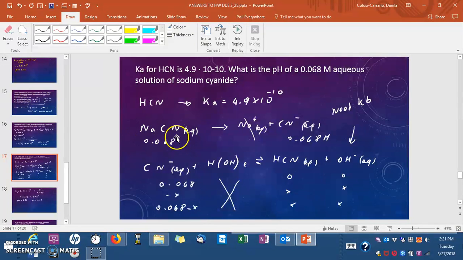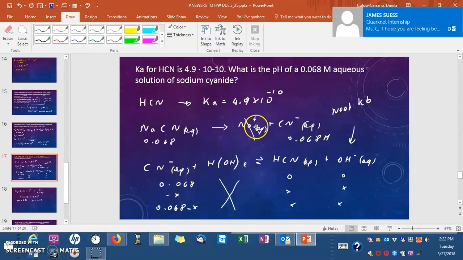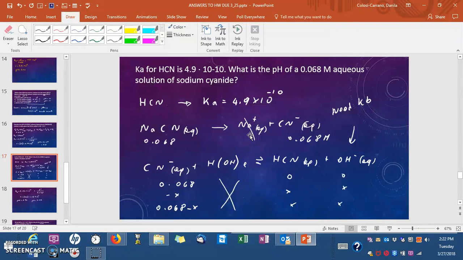If this is sodium cyanide, it breaks in water like that, so this is the transposition of those molar solutions, the concentration of the cyanide at that point. Na plus, nobody cares, because this is just floating in water, now forming sodium hydroxide. So now you take the CN minus because that's the amount you have been given.